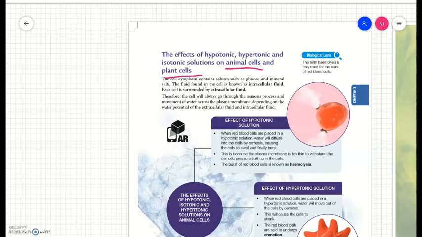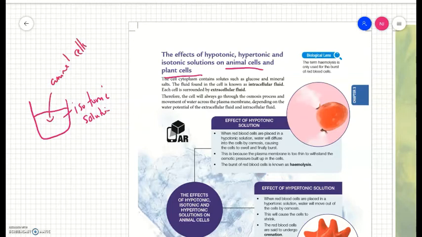Okay, let's say we have a beaker here, and then we have this solution. Let's say this is isotonic solution, and we put in animal cell. Animal cell is represented by red blood cell.